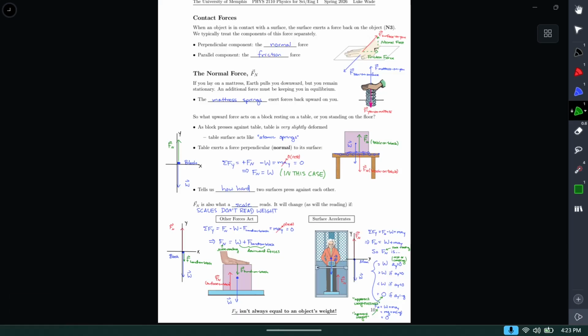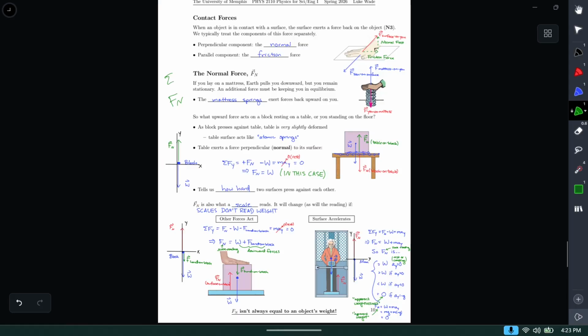Normal force is trickier, for one, because I think people confuse normal force, Fn, with net force, which we usually say sigma F for. So normal force is the one that actually comes from different surfaces and keeps you from falling through them.